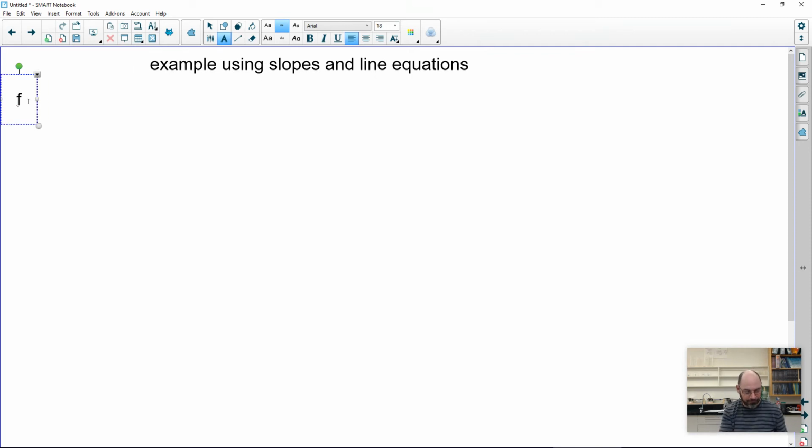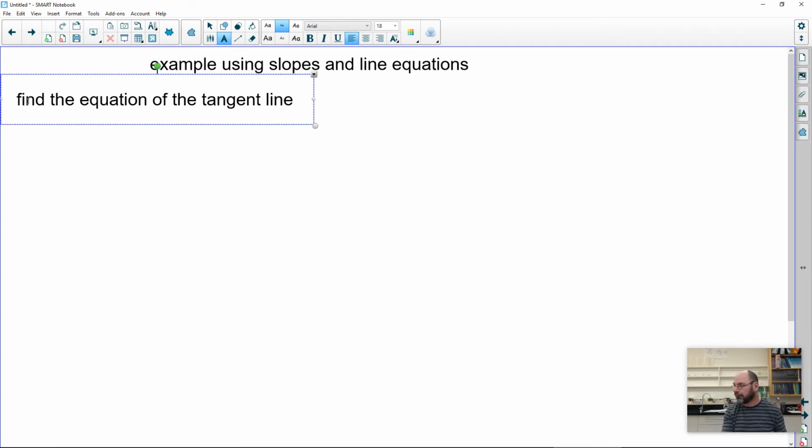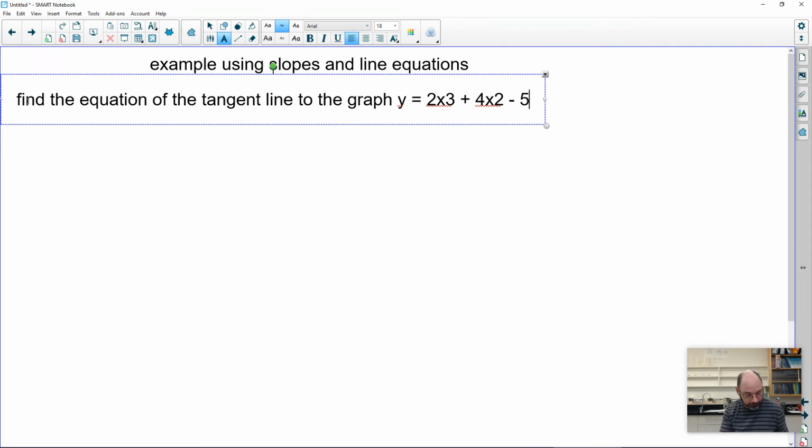Find the equation of the tangent line to the graph y equals 2x cubed plus 4x squared minus 5x minus 3 at x equals negative 2.